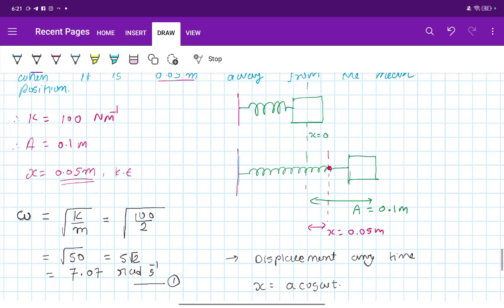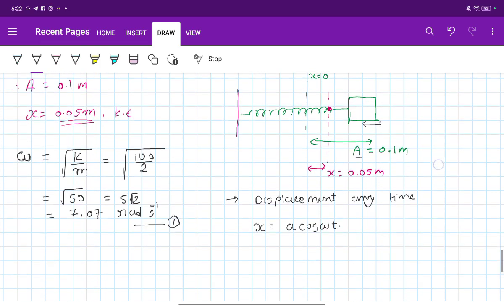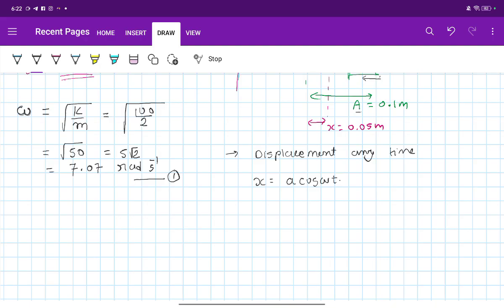Because we are stretching it to the maximum, as you can see, and then releasing it, so it is starting its motion from its extreme position. Here amplitude is 0.1, so x equals 0.1 cos, and omega is 7.07, multiplied by t, right?